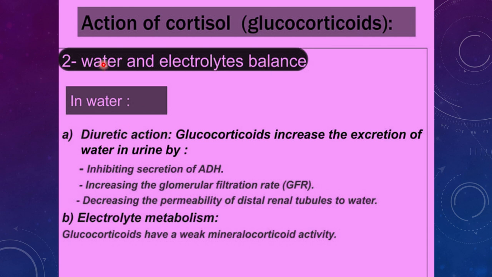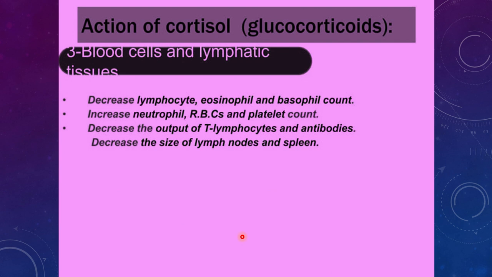Regarding water and electrolyte balance, it has a diuretic action, that means more production of urine. Also in electrolyte metabolism, it has certain glucocorticoid-like activity. This glucocorticoid has weak mineralocorticoid activity, that means it has the capacity for sodium retention.